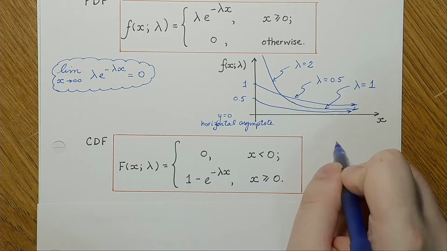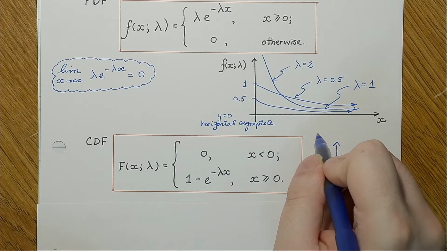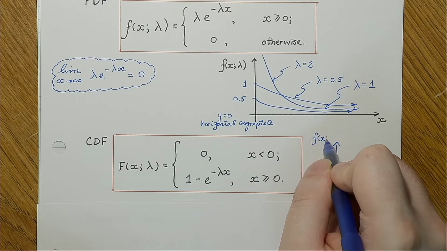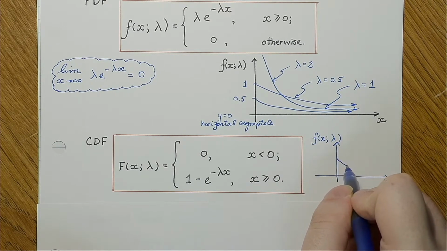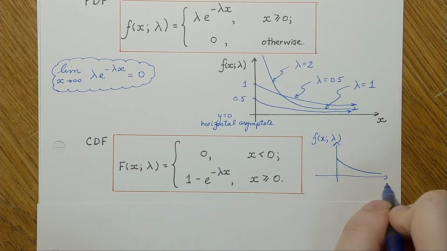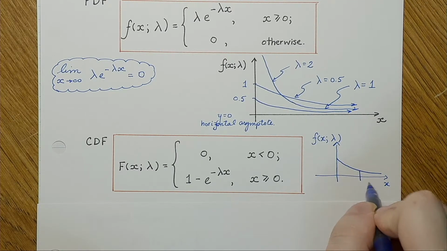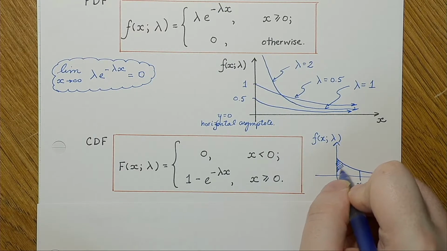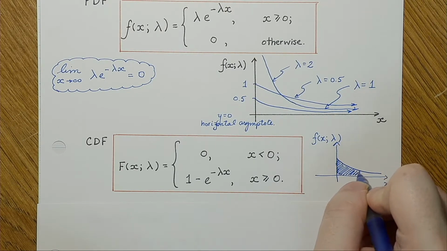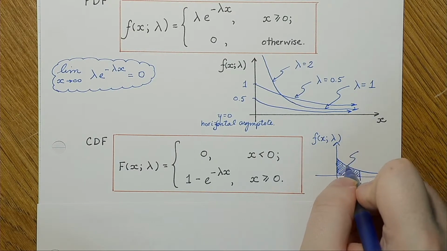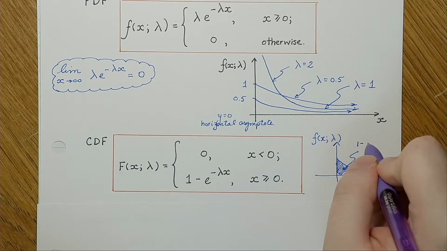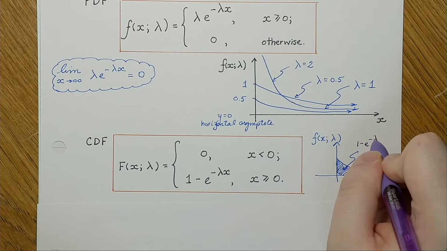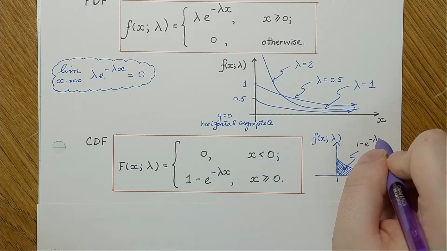So again, that area is 1 minus e to the minus gamma x.